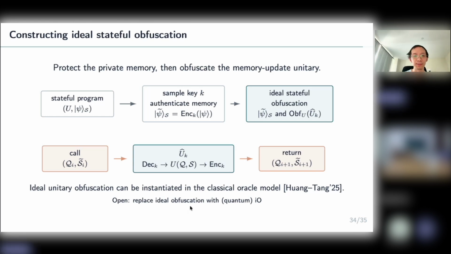And in our paper, we actually showed that if you start with IO, you should also be able to get stateful quantum IO, and that also suffices to get best possible one-time program. But we don't know how to construct quantum stateful IO, though we believe that this recipe should still work. It's just that the security proof runs into some subtle issue that we don't know how to handle with standard model IO.